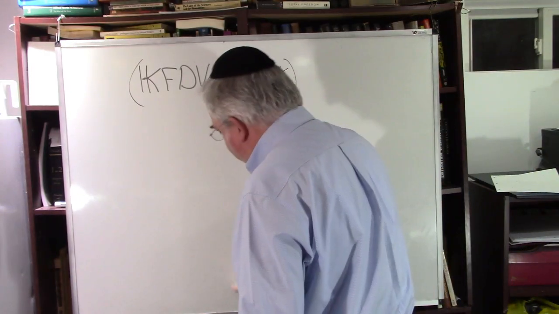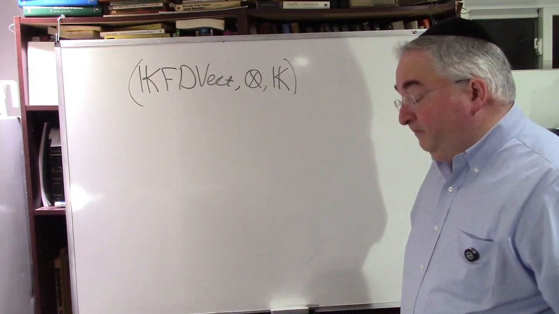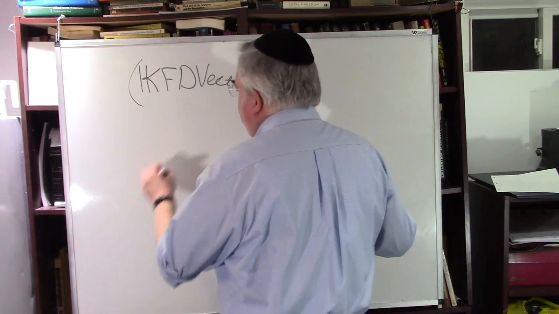A typical element of this vector space is going to look like this.